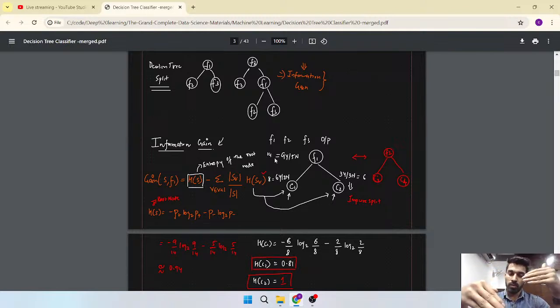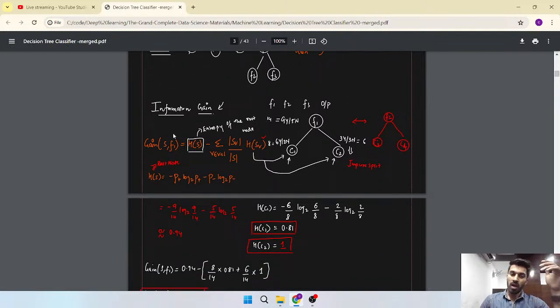But in the case of information gain, it means gain. The feature where you get a high gain, you have to split on that feature. As the name suggests, information gain: whichever feature gives you more information, you select that feature. This is the formula: Gain = H(S) minus the summation of |Sv|/|S| times H(Sv). H(Sv) is the entropy of that category.